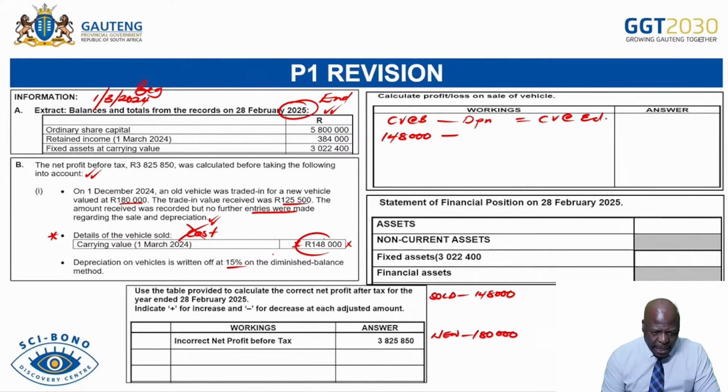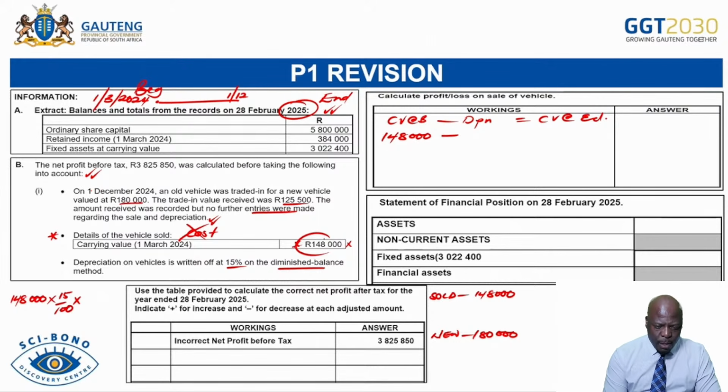How do I calculate depreciation? Depreciation is on the diminishing balance method. So I'll say 148,000, and then multiply that by the depreciation rate of 15%. We had this one from the beginning, which is from March, and the trade-in is happening on the 1st of December.